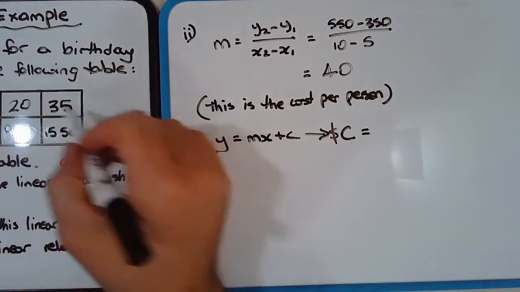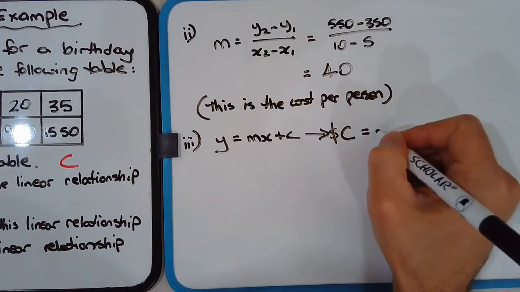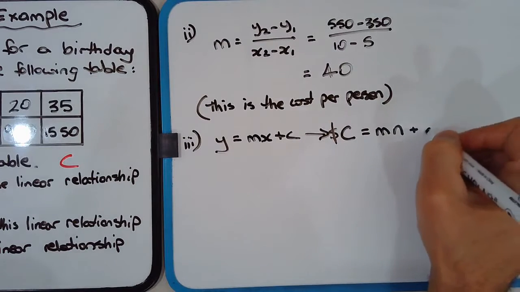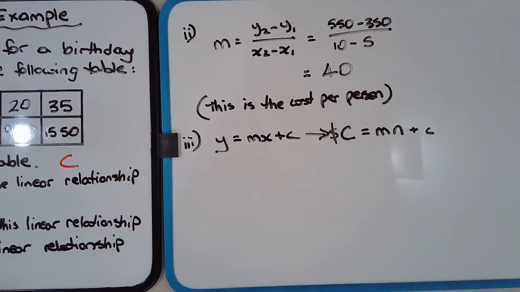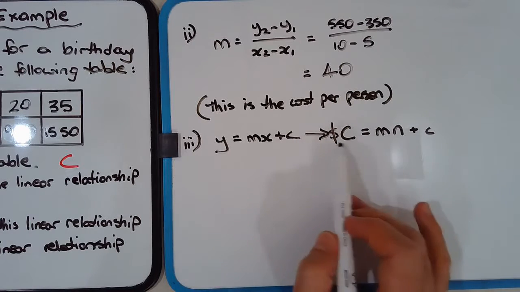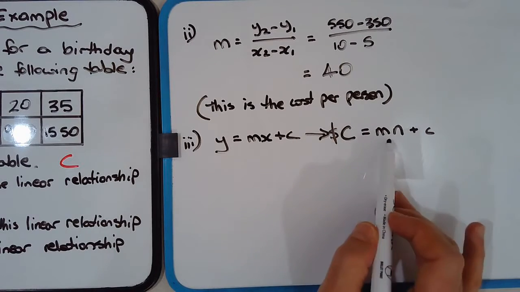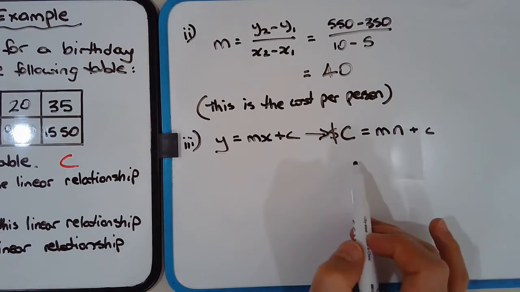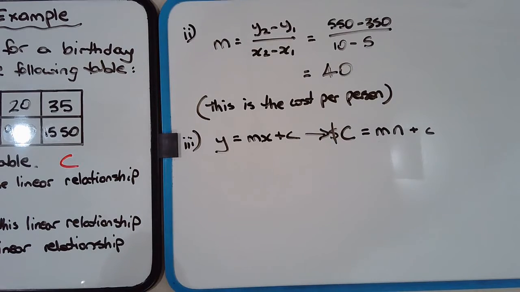The x represents the number of people. So it's going to be mn plus small c. So this is in fact the vertical intercept, or the y-intercept. We do have an m now. We've found the m, and we do need a point to substitute in, for C and n, to be able to find the vertical intercept.